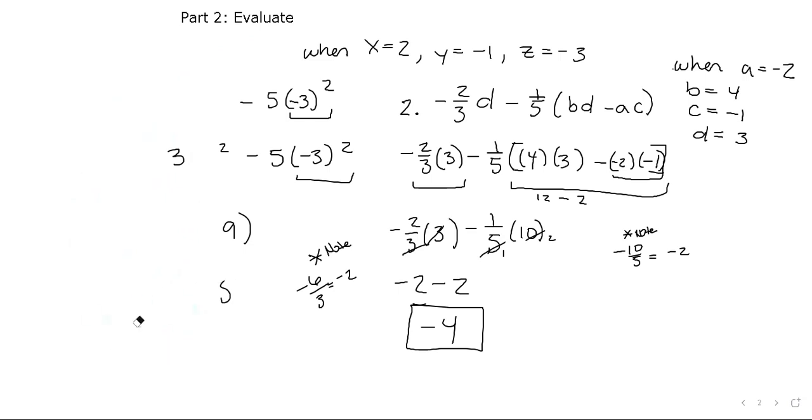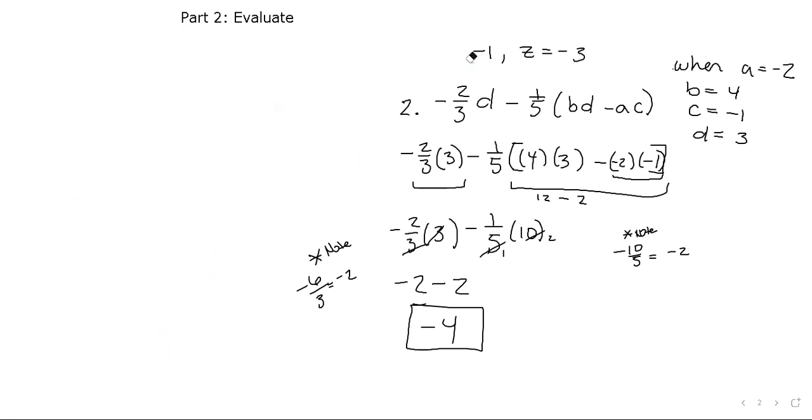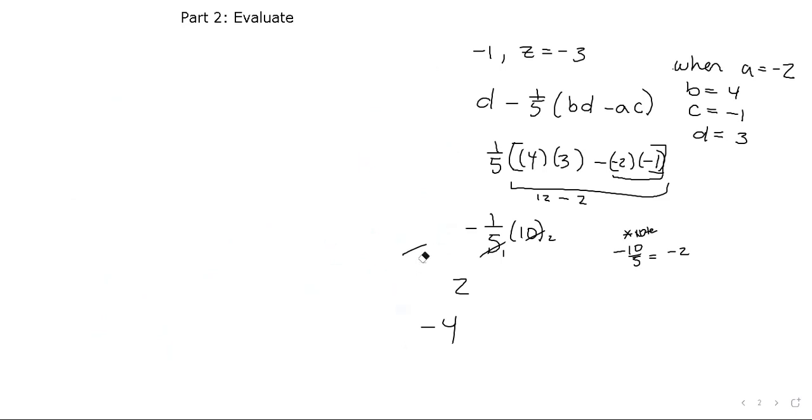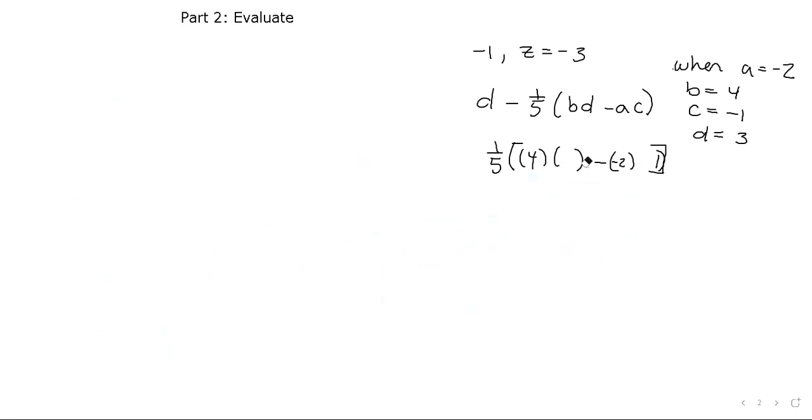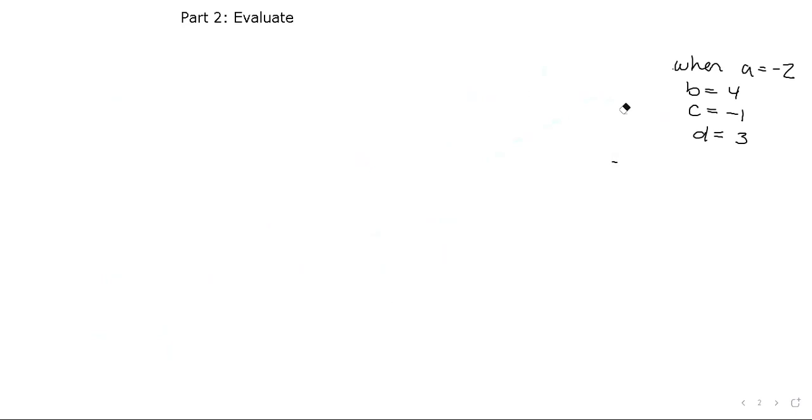So for number 3 and 4, we're going to go to something a little simpler. And then for number 5, we're going to go back in and spice it up a little bit more. Okay, so let's start with number 3.